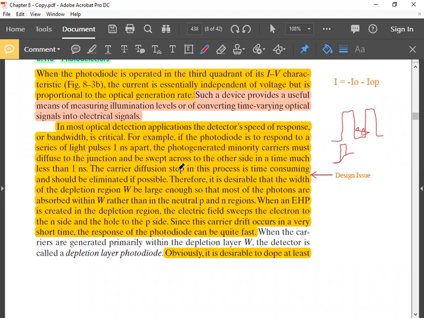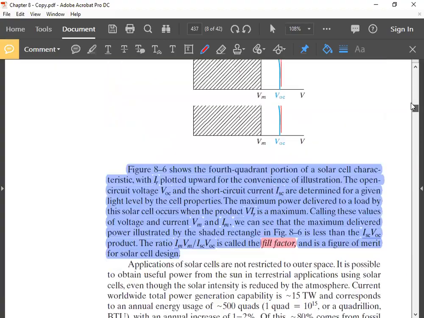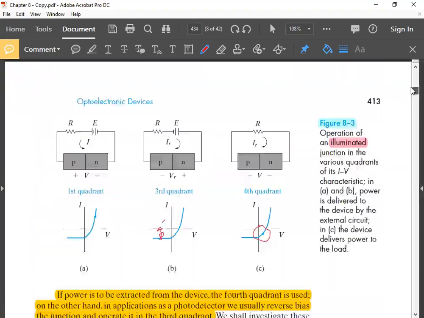The carrier diffusion step in this process is time consuming and should be eliminated if possible. The carrier diffusion step happens in those regions. Remember, there were three regions where the generated carriers are useful. One is the depletion layer, the depletion region.